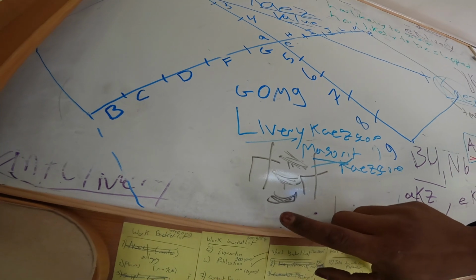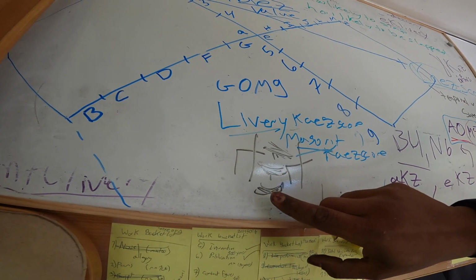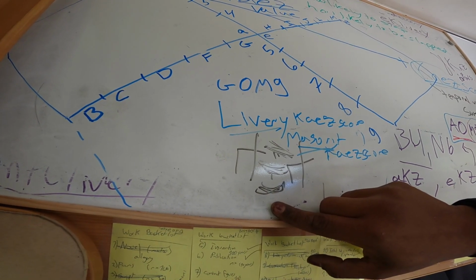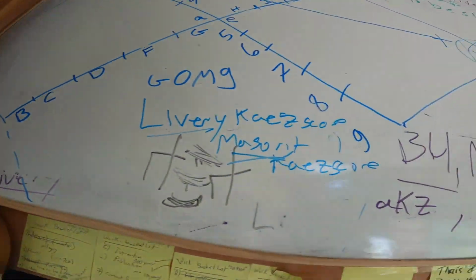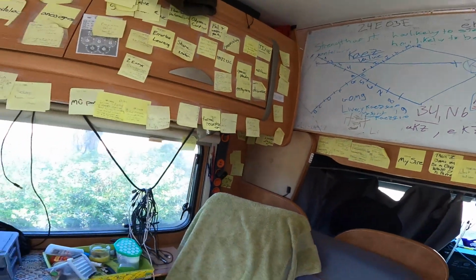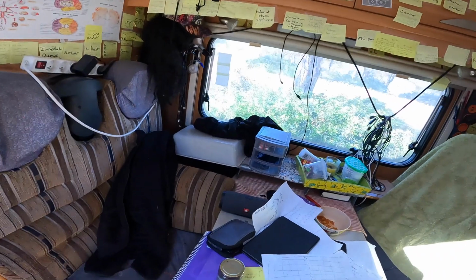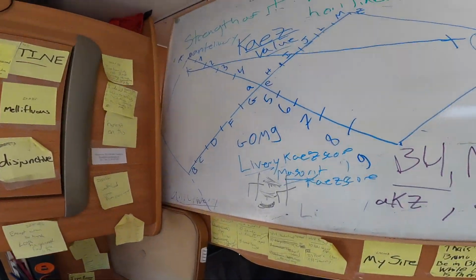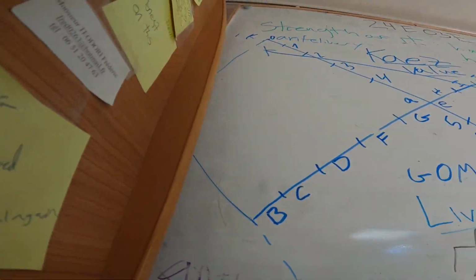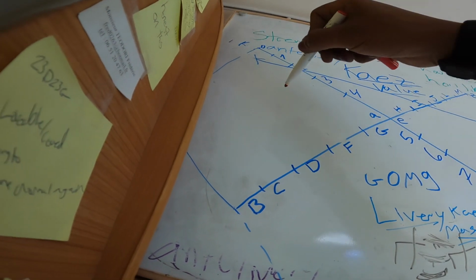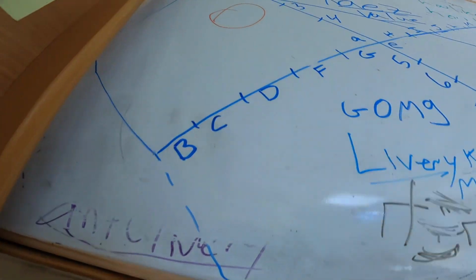But then how do you, you don't have an afferent and an efferent. Okay, so then if you're doing a livery Kaez score, you just stay in this quadrant.